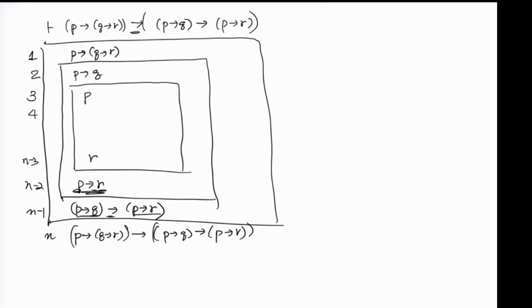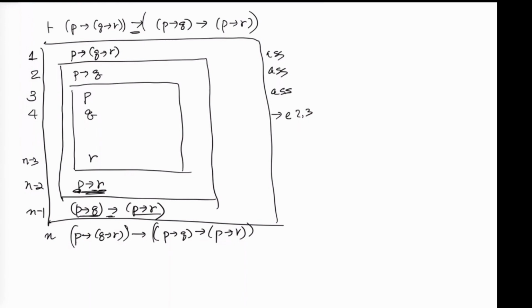From lines 2 and 3, we can derive Q, which is implication elimination, or modus ponens, for lines 2 and 3. I didn't write this here, but the first line of this box is an assumption.